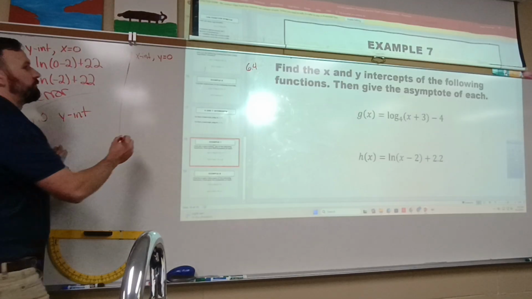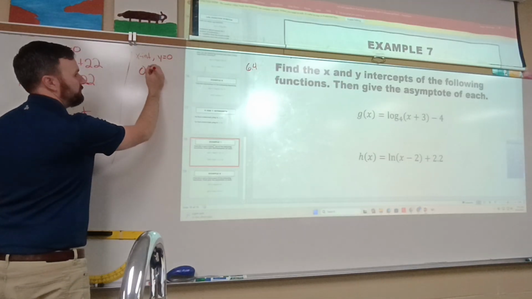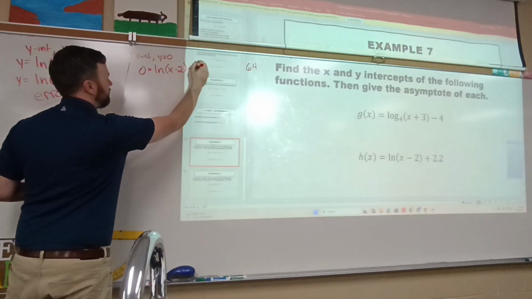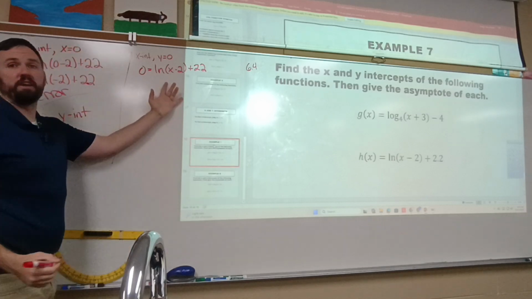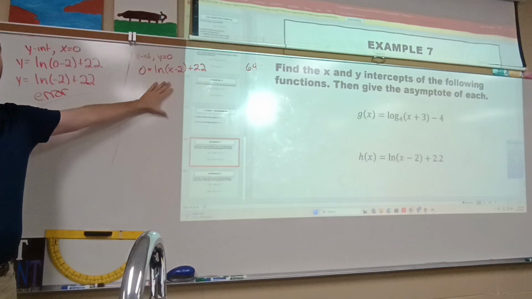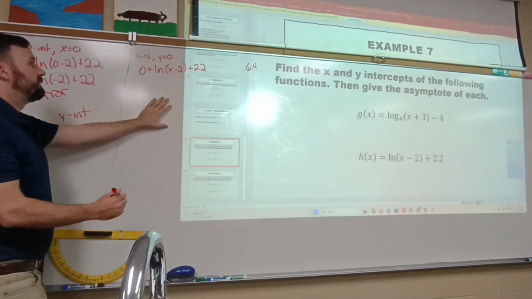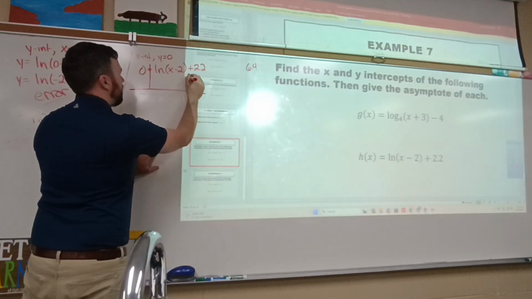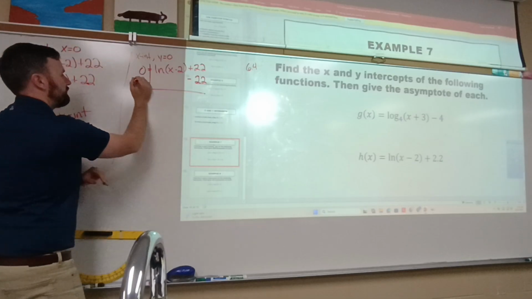So for x-intercept, I'm going to do 0 equals natural log of x minus 2, plus 2.2. Again, this looks very intimidating. I assure you there's only one step different than what my Math 8 kids are doing right now. There's one new step, so let's make sure we pay attention. I'm going to subtract my 2.2.